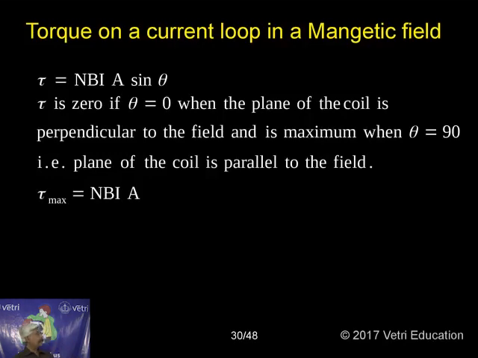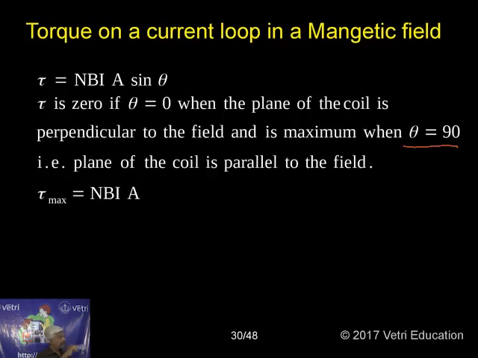Torque is zero when the plane of the coil is perpendicular to the field and is maximum when theta is equal to 90, that is, the plane of the coil is parallel to the field. So don't forget it. If theta is equal to 90, immediately we think that it is perpendicular. So this is the angle theta, the angle between the position of the coil and the field.